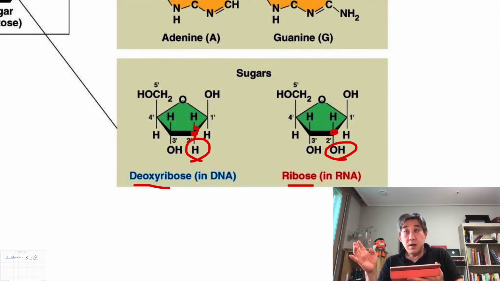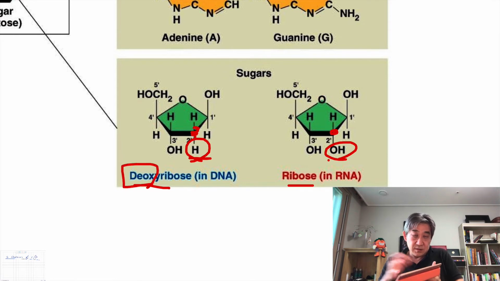In the case of ribose, this is OH, which means oxygen containing, which we call a hydroxyl group. Whereas that oxygen is missing in deoxyribose, and that's why it is called deoxy. De means something missing.